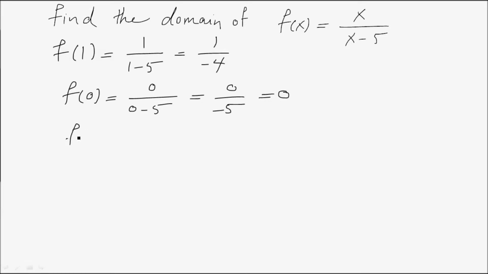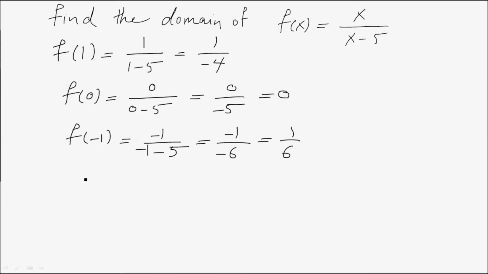What about negative 1? F of negative 1. That gives me negative 1 over negative 1 minus 5. That is negative 1 over negative 6, which is 1 over 6. So f of negative 1 is 1 over 6. So is there any value that I cannot plug into this function? Is there any value that if I plug into this function causes a problem?